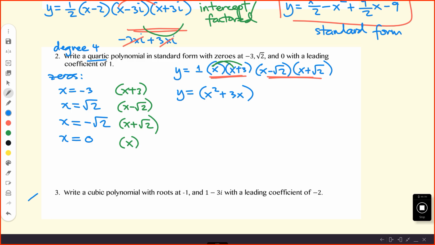Okay, so you just need to multiply x times x and negative square root of 2 and positive square root of 2. Right? What is x times x? X squared. And then what is negative square root of 2 times positive square root of 2? That's going to be negative square root of 4.